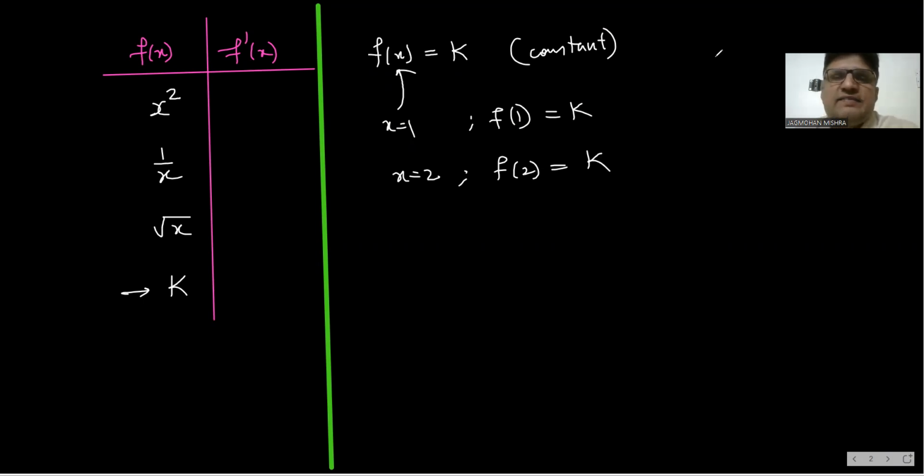Why is the value of the function not changing when the value of x is changed? Because there is no x on the right hand side. This function is independent of x.